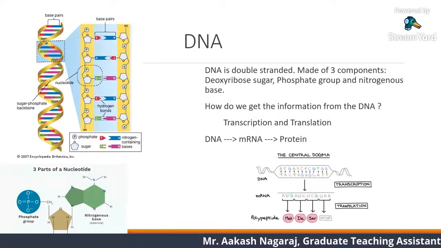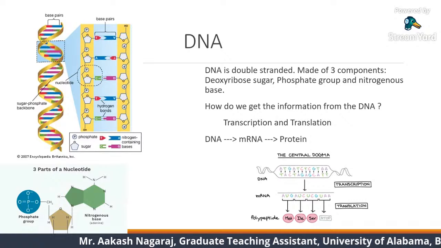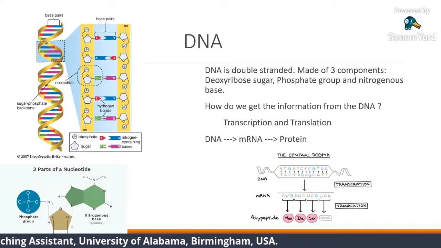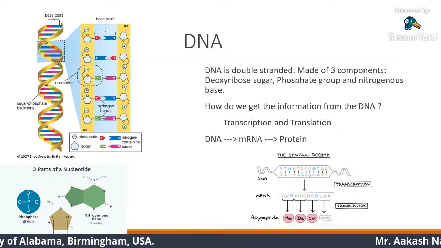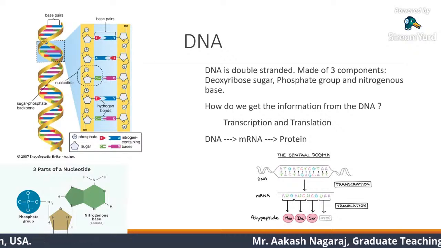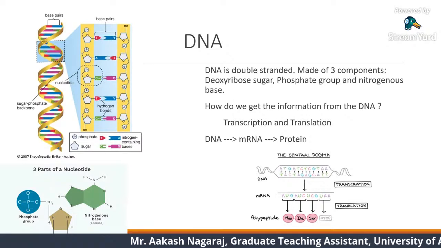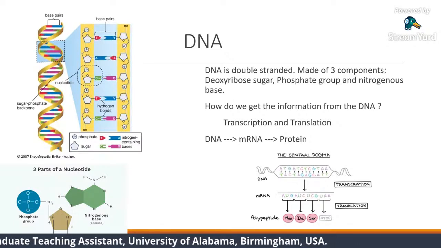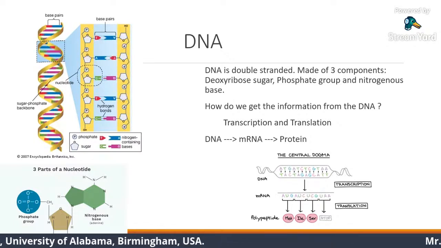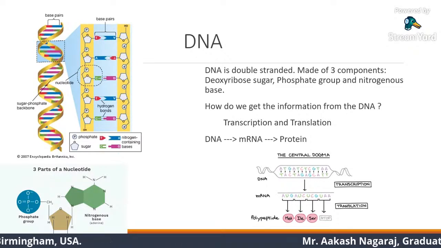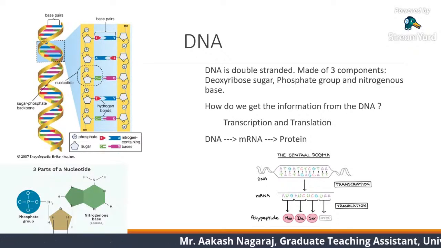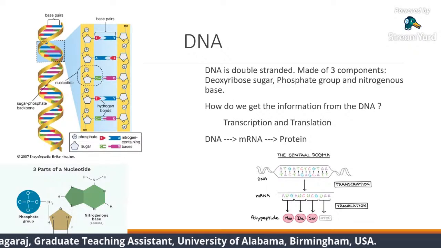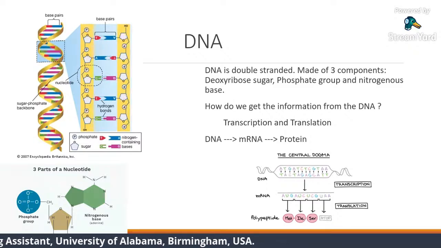And next is the pentose sugar, which is a 5-carbon sugar, and that pentose sugar for DNA is deoxyribose sugar, and that is how the DNA gets its name, deoxyribonucleic acid. And the third component is the nitrogenous base. There could be 4 variants of nitrogenous base in each nucleotide: either adenine, guanine, cytosine, or thymine.